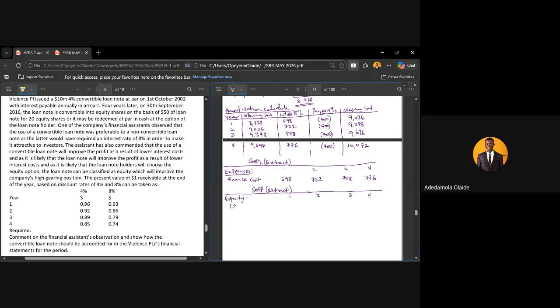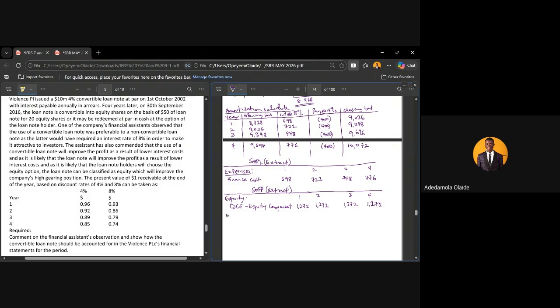Other components of equity will account for the equity component of the liability. And the equity component of the liability is what? 1272. That will remain the same all through until they either convert or don't convert, when we will take it to our retained earnings.